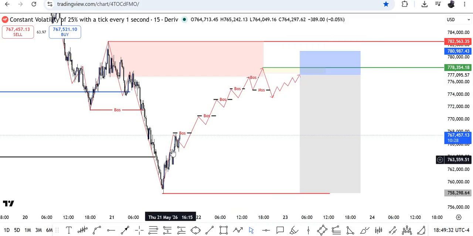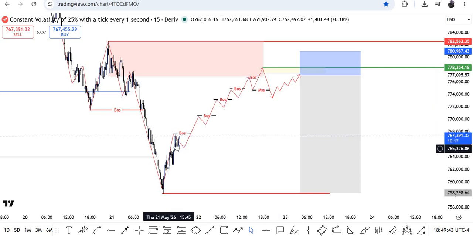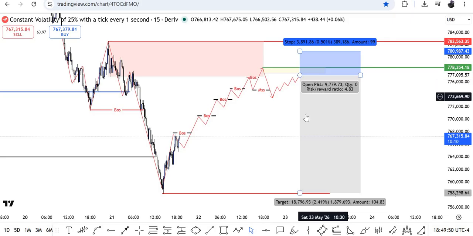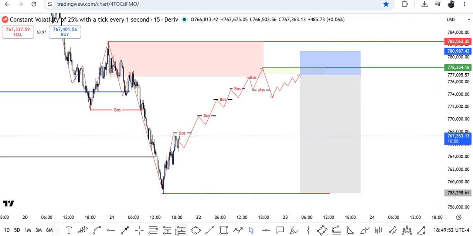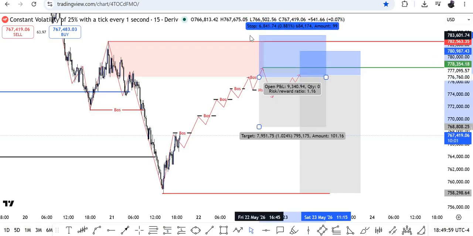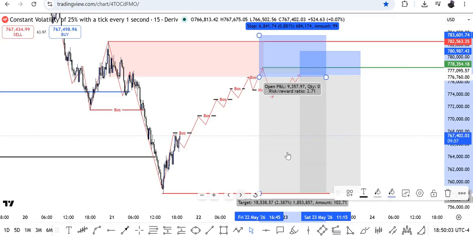So if you see the 1 hour retracing, don't just enter blindly at a 1 hour supply zone. Just wait until the fractal or the micro structure gets broken, and then you enter on that retracement. It also gives you a higher risk to reward ratio. Let's say we were entering on the 1 hour with our stop loss above, aiming for the same low.